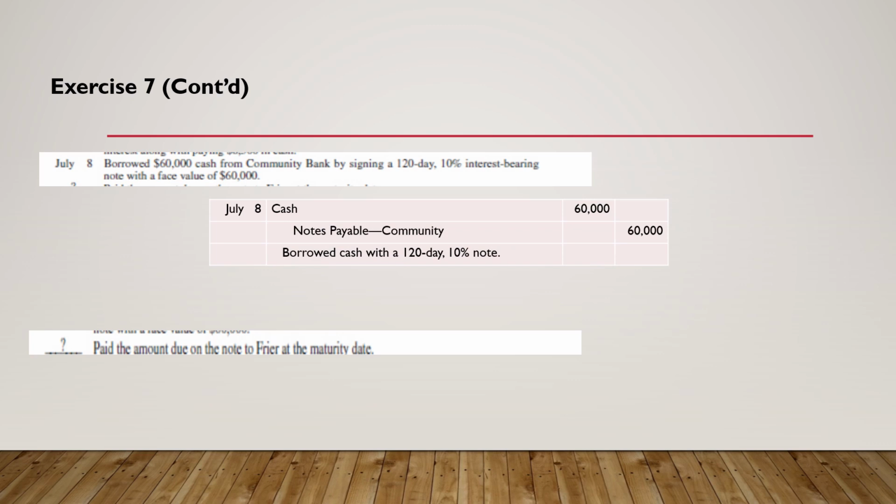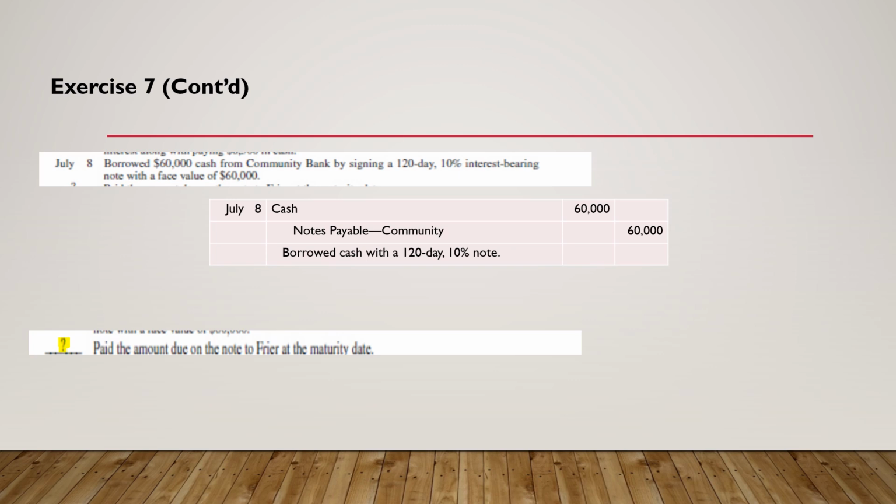Then moving to the following transaction, paid the amount due on the note to Ferrar at the maturity date. Here I'm paying the amount I owed to this company when purchasing merchandise by signing a note. To determine the maturity date, which we already determined previously, the maturity date will be August 17th as we previously determined.